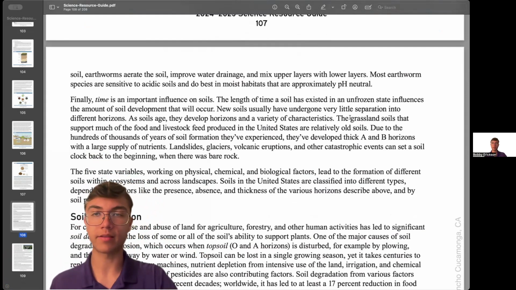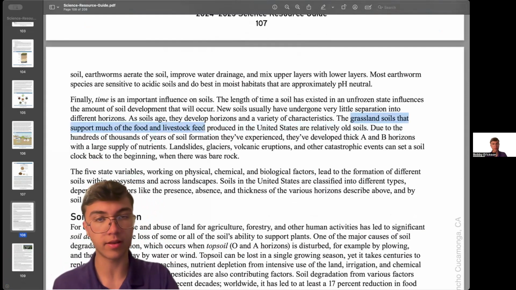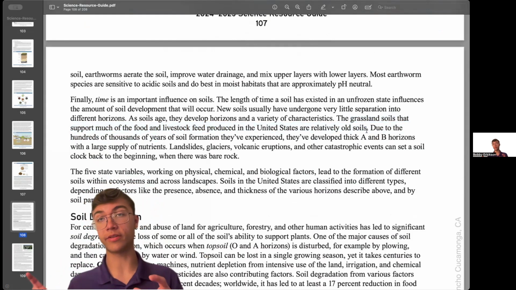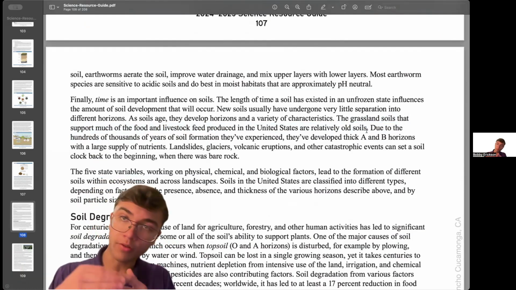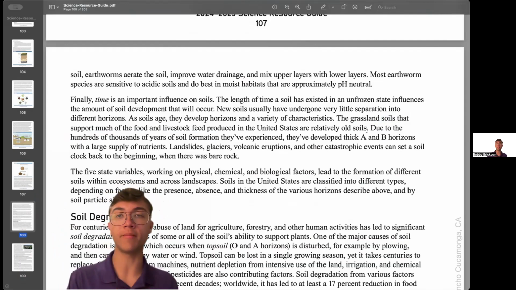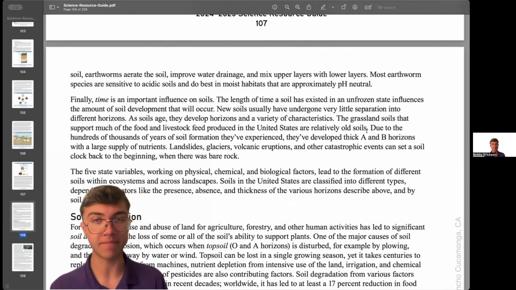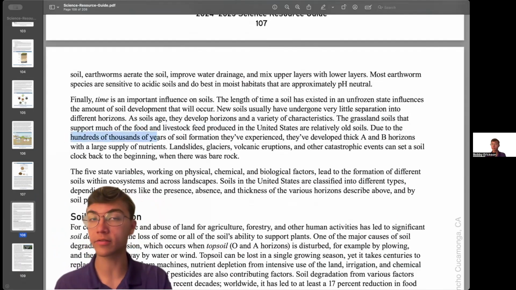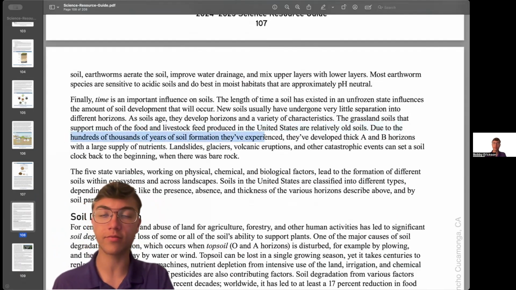So, grassland soils that support much of the food and livestock feed produced in the United States are still relatively old soils. Old soils are really good because they've gotten all these layers and they're able to produce agriculture very well because they've undergone that separation. So they can support food and livestock.